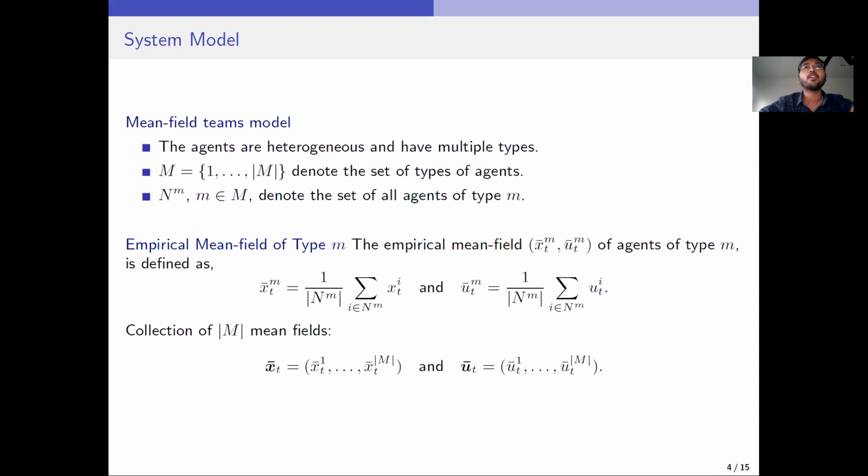Now coming to the system model. We have a mean field team model with heterogeneous agents, that is, agents of different types.